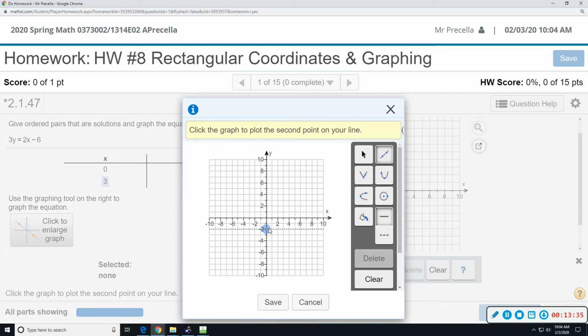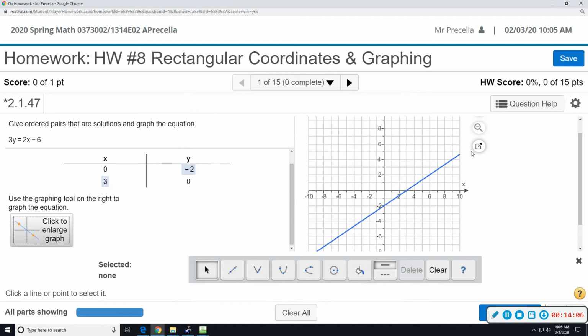Then, once you click it, it says, okay, click the graph to plot the second point on your line. What was the second point? It was a 3, 0. So that would mean go back to the origin, move right 3, up 0, click it, and then before you can check it, you've got to say save.